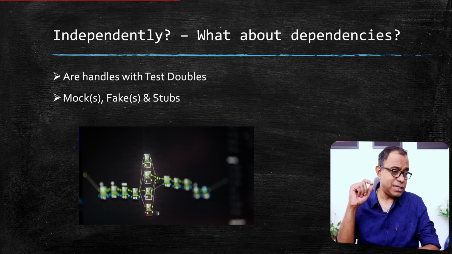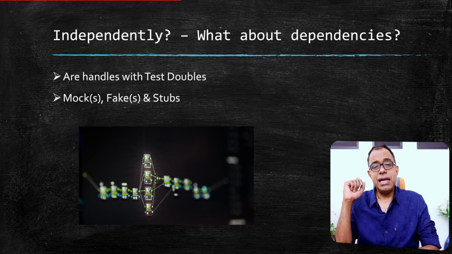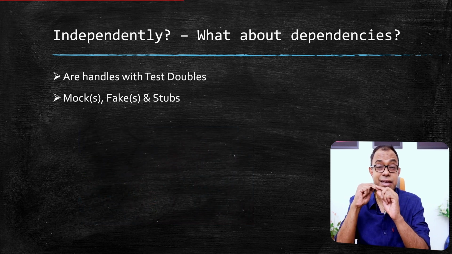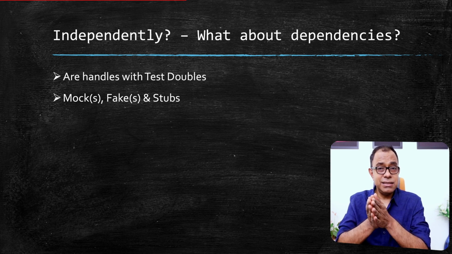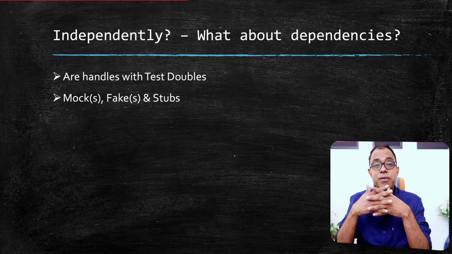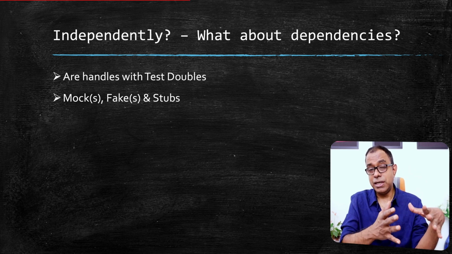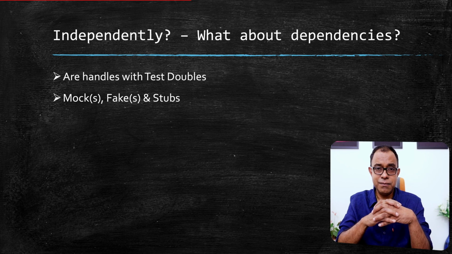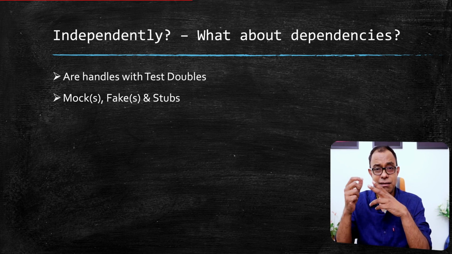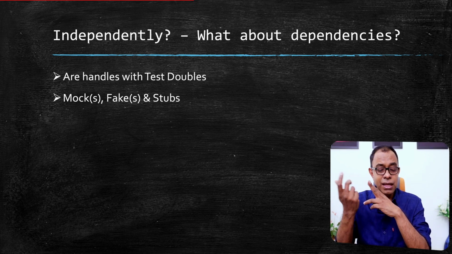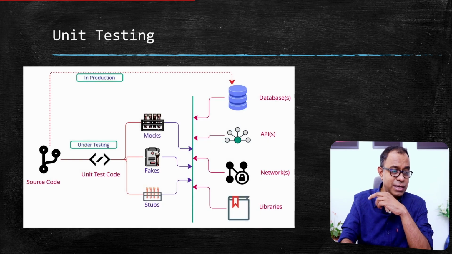And this is the place where things like test doubles come into the picture. Things like mocks, fakes, and stubs. Okay. So these are the entities or the constructs which help us to validate the definition of a unit test which we have just seen: independent, run within milliseconds. Let's go and see more about it.